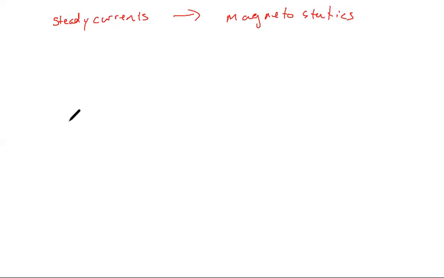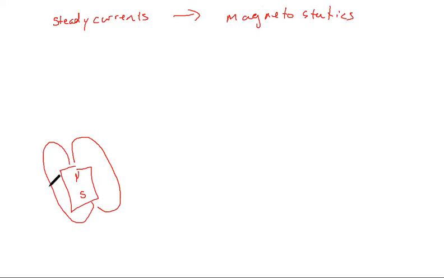It turns out that there is an interesting effect where, let's say you take a magnet, okay, so it has magnetic field lines like that.